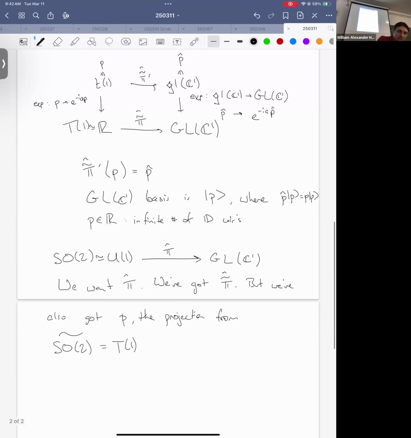From A, which is an element of the reals. Now, careful, right? The P is an element of the reals, and the A is an element of the reals, and those are totally different, right? Because this P classifies my unitary groups of representations.